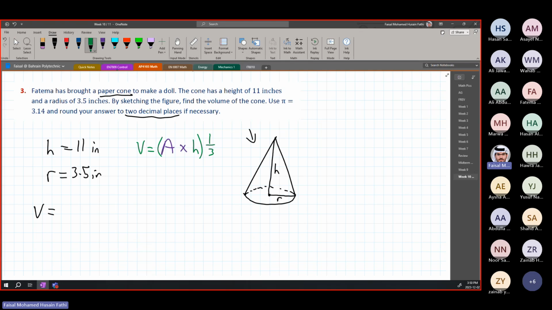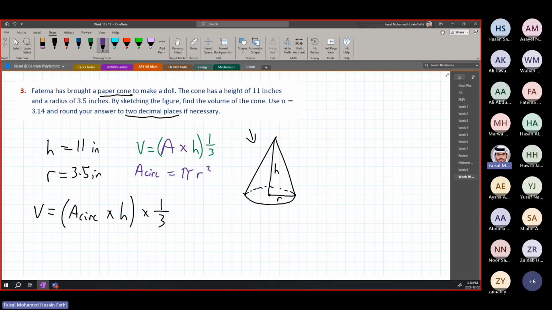So the volume is equal to the area of a circle times the height times 1/3. What is the area of a circle? Pi r squared.